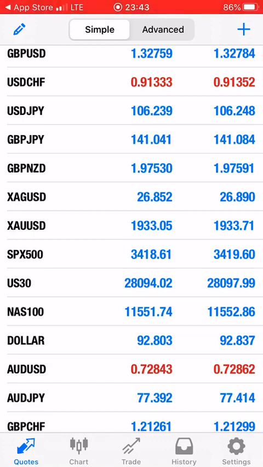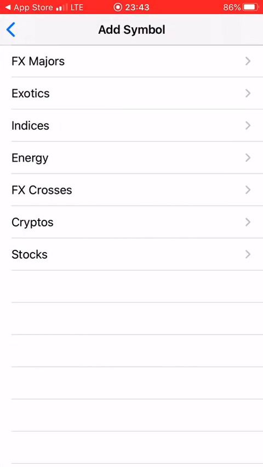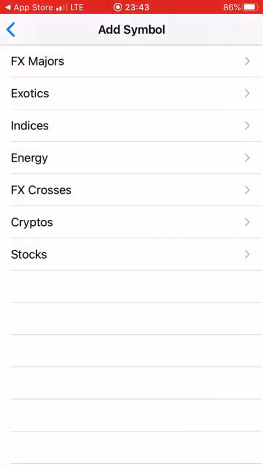So yeah, these are what's in my watch list. You can do FX majors. I have a lot of them all there, like Aussie USD, New Zealand USD, GBP USD, Euro USD, I think USD Chef. And yeah, there's just 6 majors.